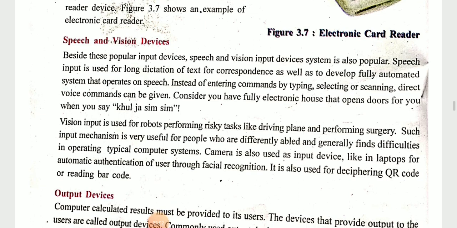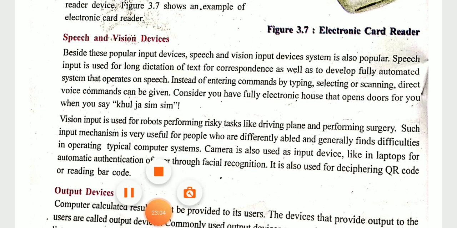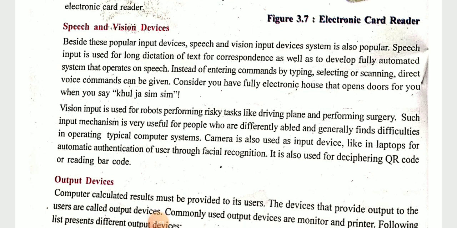Now next, speech and vision devices. Besides these popular input devices, speech and vision input device systems are also popular. Speech input is used for long dictation of text for correspondence as well as to develop fully automated systems that operate on speech instead of entering commands by typing, selecting or scanning.